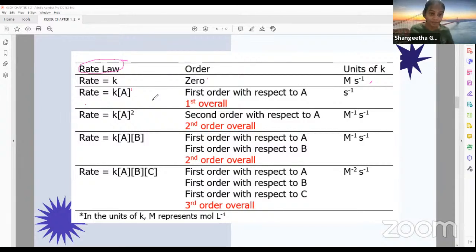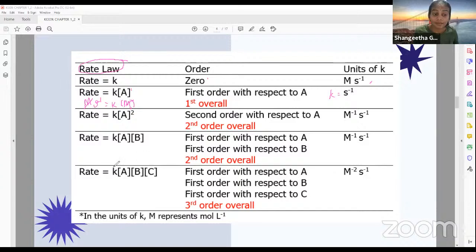So rate equals K times the concentration of A. A concentration is big M, and your rate is M s^-1. So M s^-1 equals K times M, and you can cancel out the M. So your K is equal to s^-1.